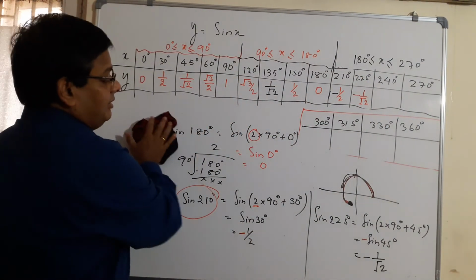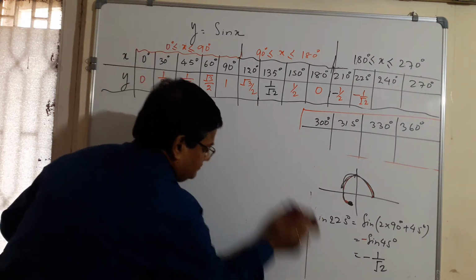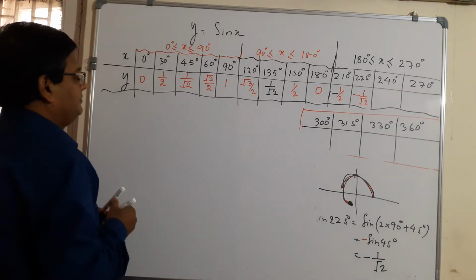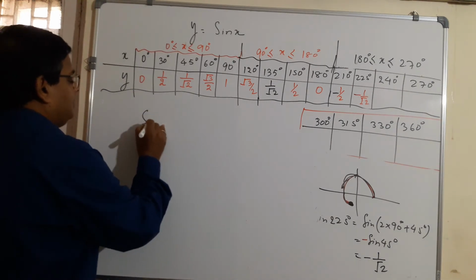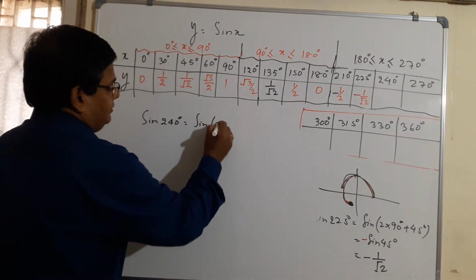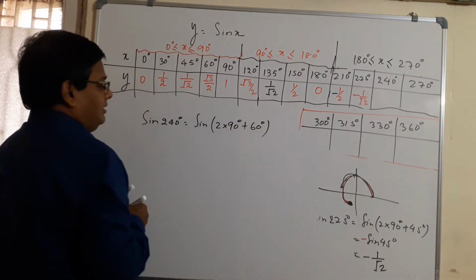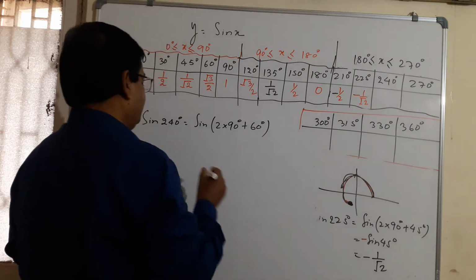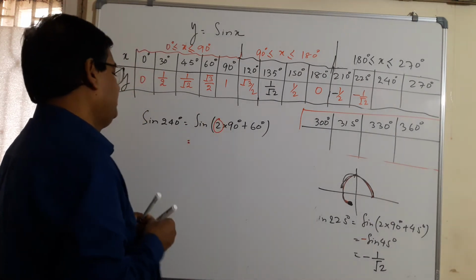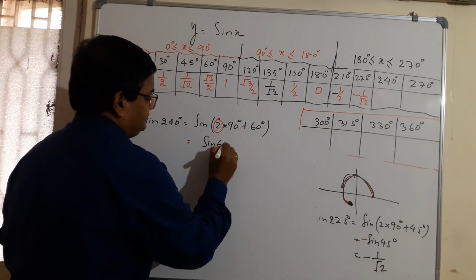Now I am going to find out sine 240 degree. Sine 240 degree is sine of 2 into 90 degree plus 60 degree. Here 2 is an even number, so there will be no change. It means sine 60 degree.